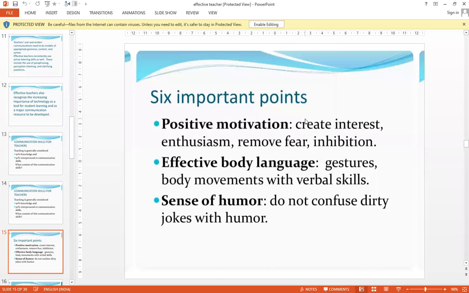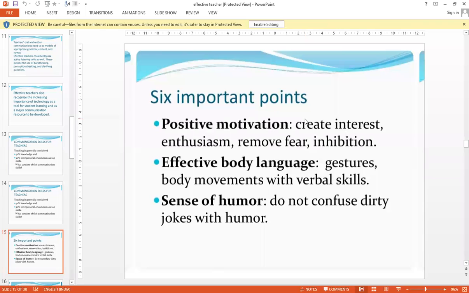Building up positive motivations helps us eradicate all these fears in the minds of the students, and it ignites the minds of the students to produce a good result. So we always need to have positive motivations towards the students.